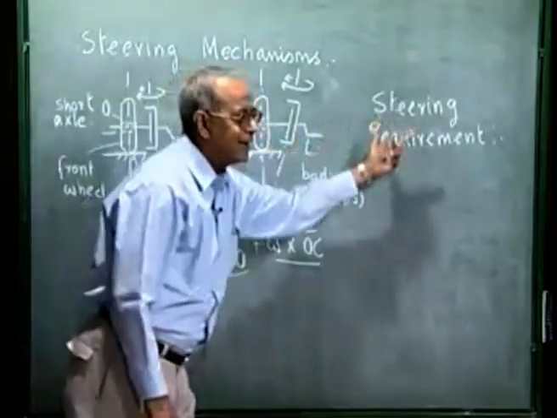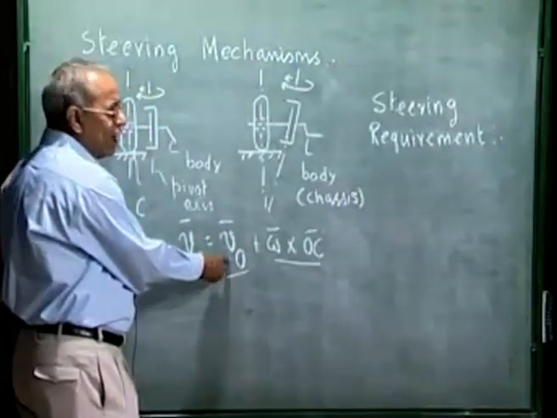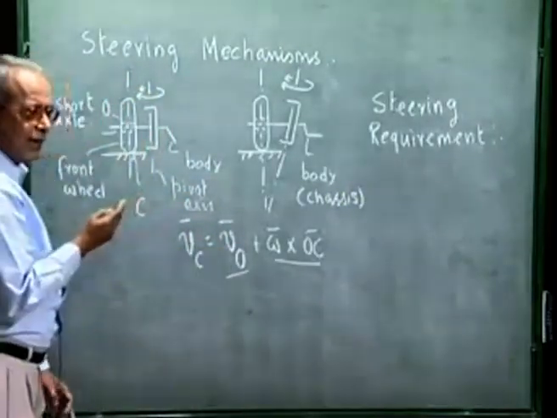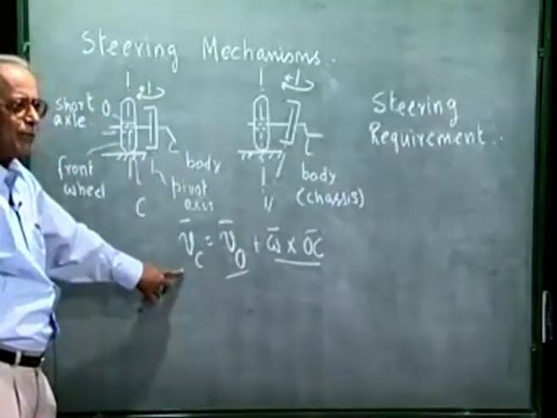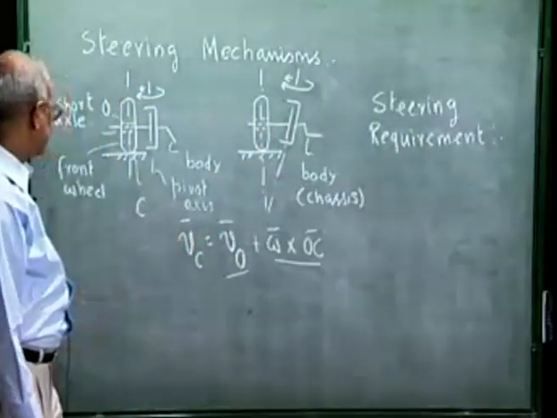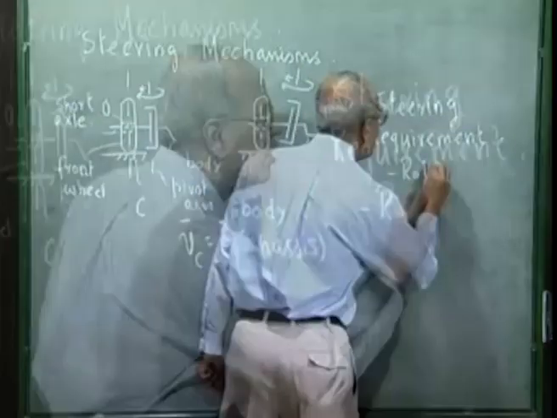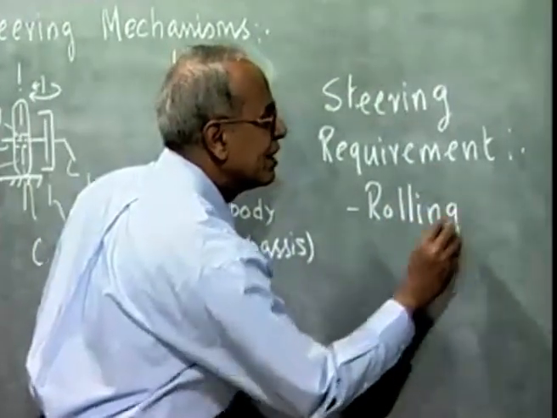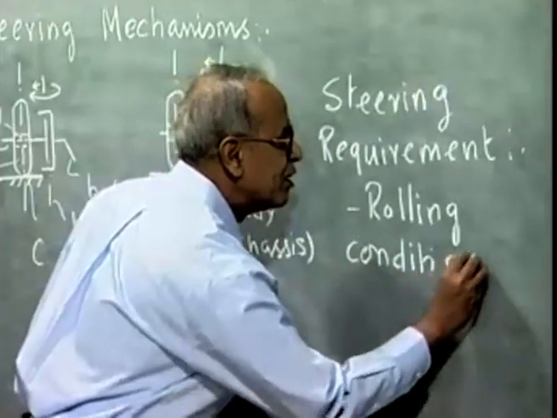This is the basic steering requirement, that the velocity of the center of the wheel must lie in the plane of the wheel, such that when the wheel rotates, the contact point velocity can be 0, that is, the perfect rolling condition can be maintained. Steering requirement is rolling condition must be maintained.